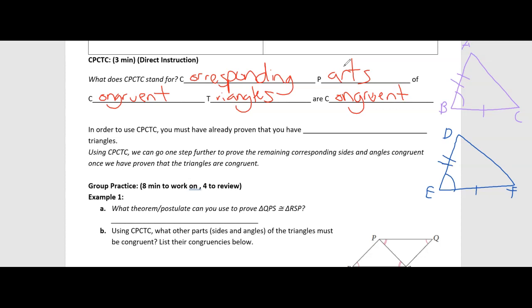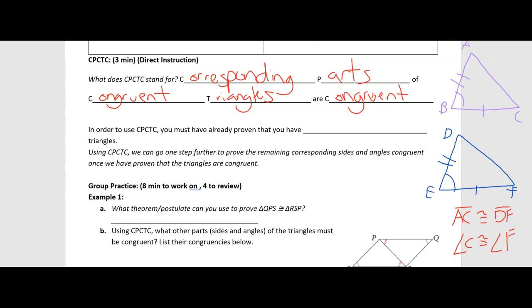They fit that shortcut. But after I say that the triangles are congruent, I could then go ahead and say that these other sets of sides and angles are congruent. So I could go ahead and say that side AC is congruent to side DF. I could say angle C is congruent to angle F. And then I could also say angle D is congruent to angle A.